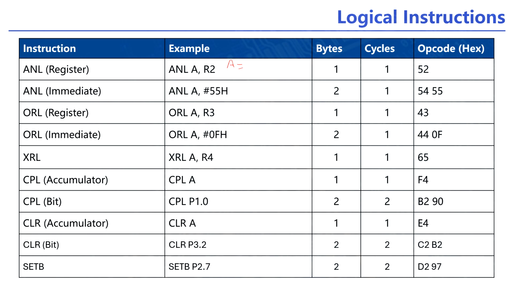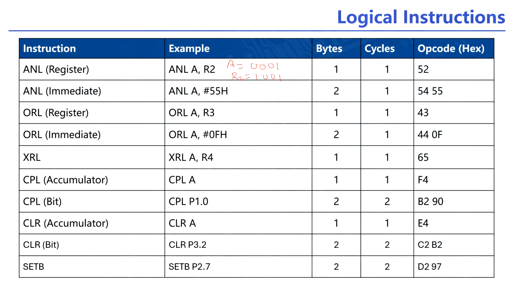Suppose we have a two digit or three digit value. Suppose A holds the bits 0 0 0 1, and R2 holds 1 0 0 0 1.